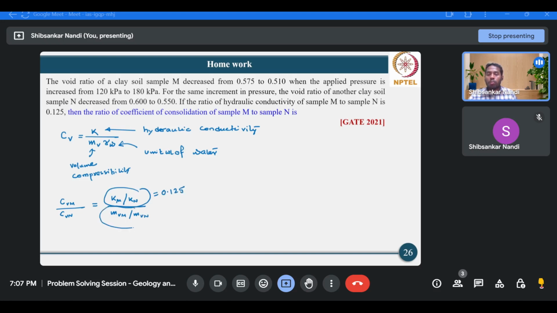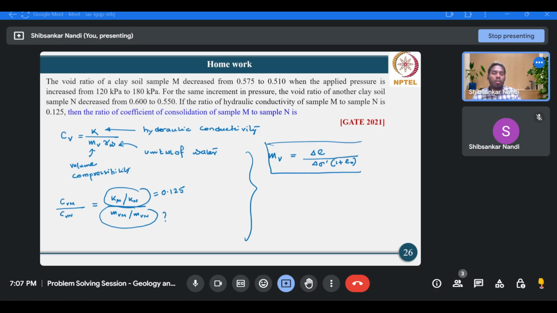Now the only job is to find out this ratio. Now how can you find out? You can find out in this fashion that MV is delta E by delta sigma prime times 1 plus E0. Okay, so you know delta E for both of the soil samples. You know the delta sigma prime, it's the same increment in pressure. You know E0 value for both the soil samples.